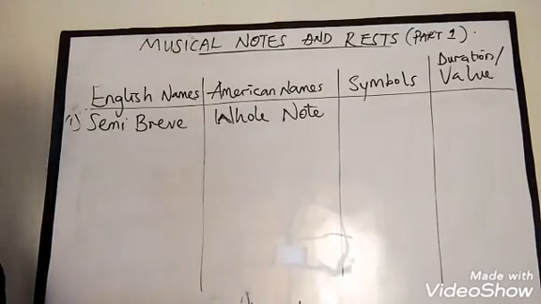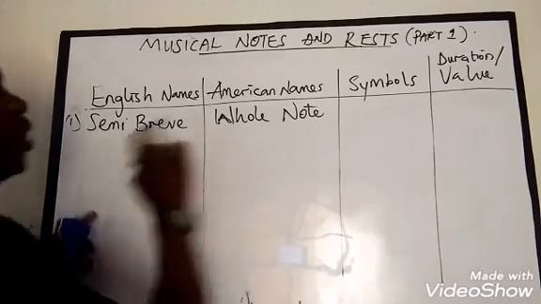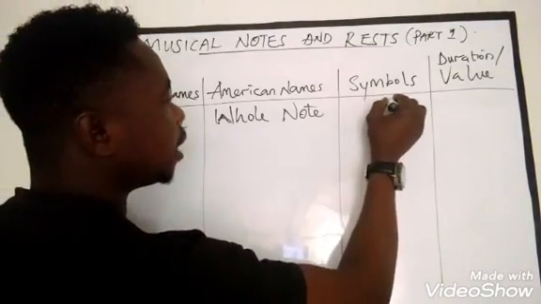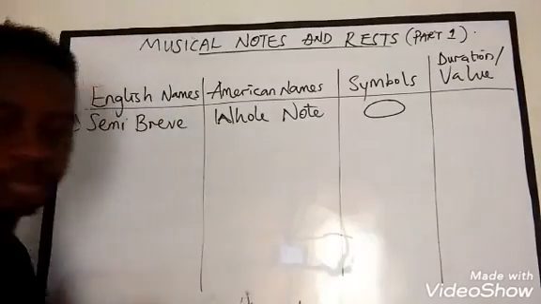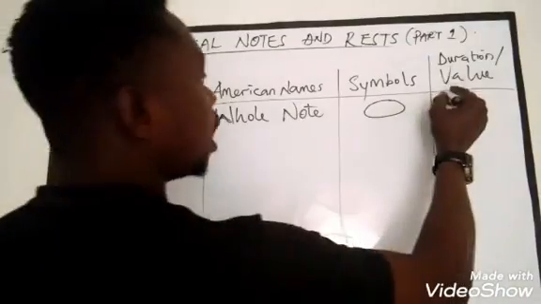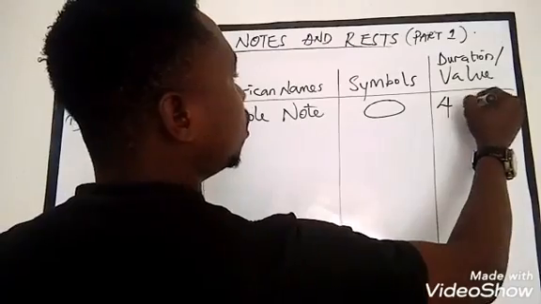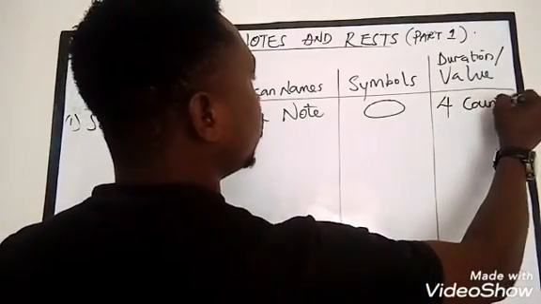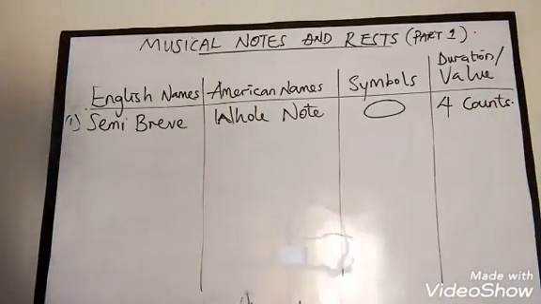So when you hear whole note, it means semibreve, and the symbol is just like an oval shape, and it's 4 counts. This symbol represents 4 counts.